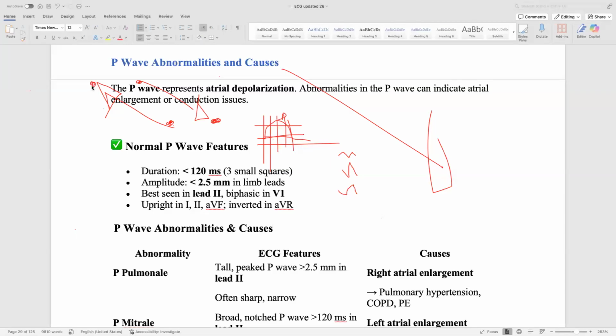So the P wave in aVR will be negative. In lead 2 it is completely positive. And in V1 it will be biphasic. Clear? Clear. Okay. So we will enjoy reading the P wave now.